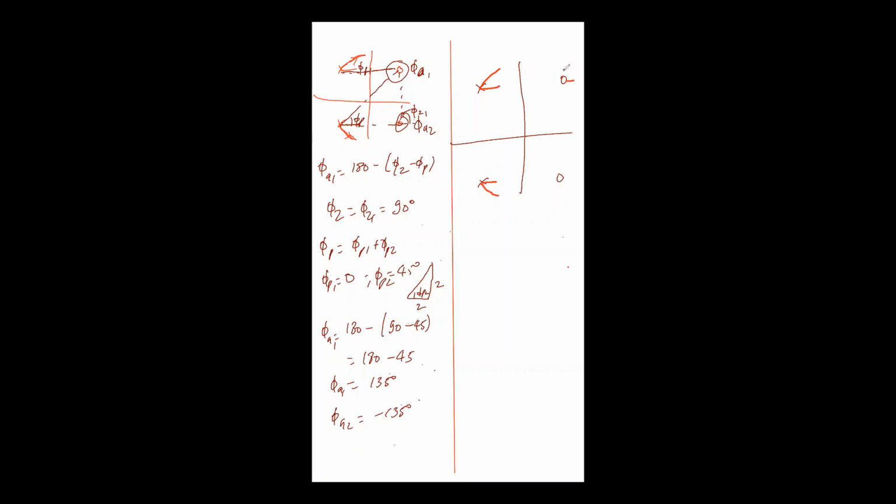So this is 90 degree, this is 180 degree, and this is 135 degree. It will leave like this. For this, it will be minus 135 degree. It will leave like this. It will start from here and terminate here, start from here and terminate at this point. The directions will be like this. K is equal to 0, K is equal to infinity, K is equal to 0, K is equal to infinity.